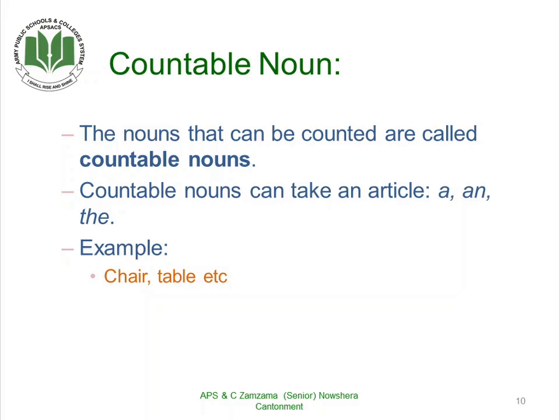It actually refers to the nouns that can be counted. For example, chair, table, etc. Here I must mention that countable noun can take an article, a, an, and the.